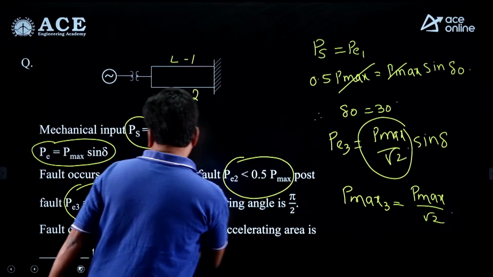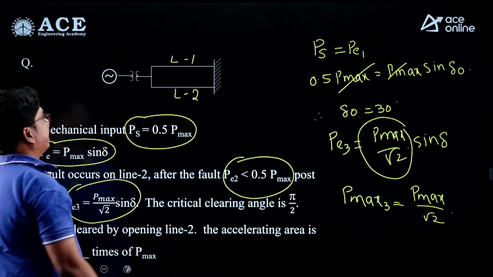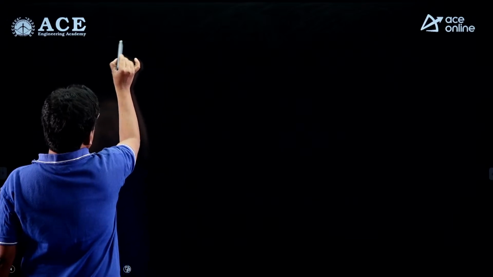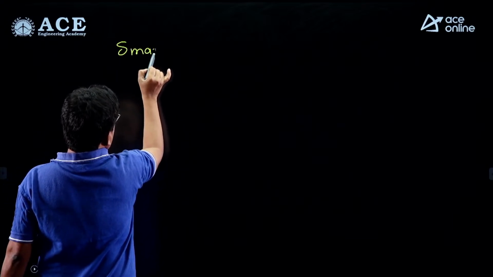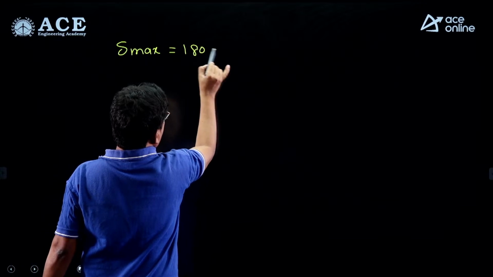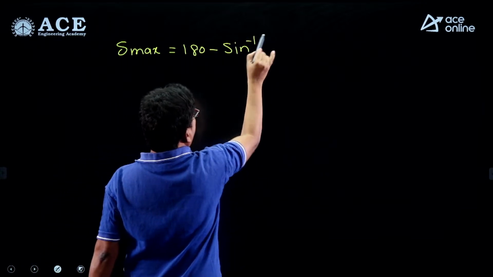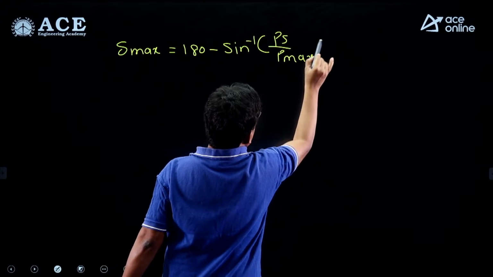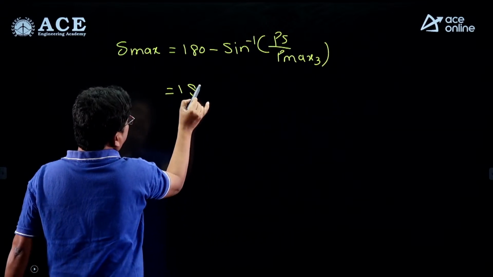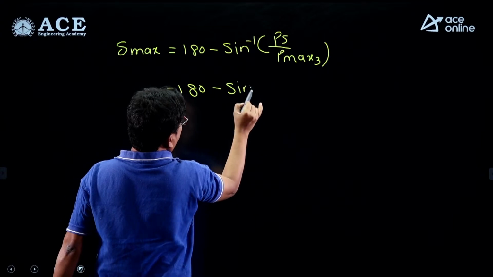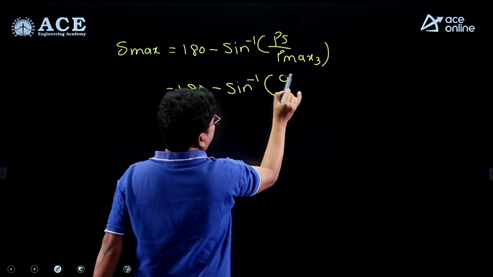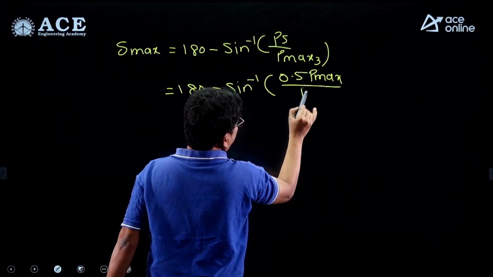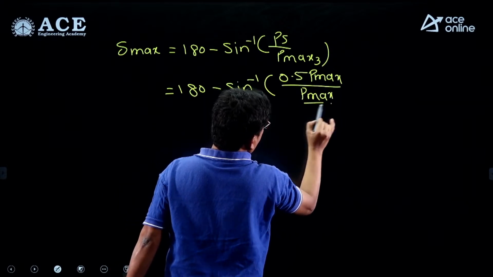Now, if you want to calculate the accelerating area, we can calculate the value of delta max, which is nothing but 180 minus sin inverse of Ps by Pmax3. Here it will be 180 minus sin inverse of Ps, which is 0.5 Pmax, and Pmax3, which is Pmax divided by root 2.